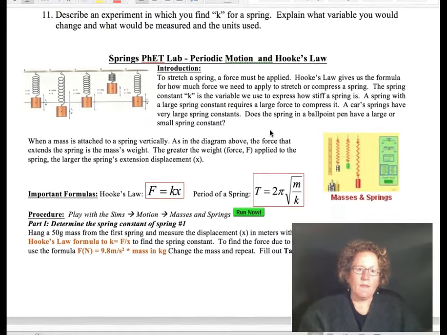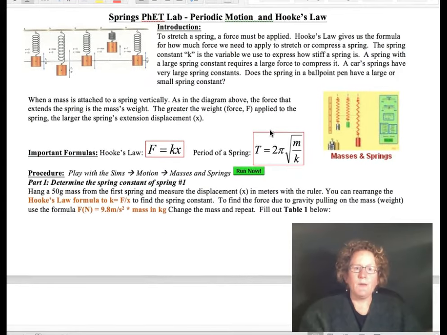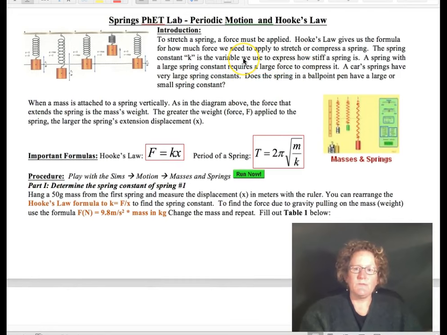Moving on, we have some explanations of things you need to know. Here is something that might be helpful in the questions earlier. This formula will be helpful a little bit later on in the lab. What we're going to do now is determine the spring constant.